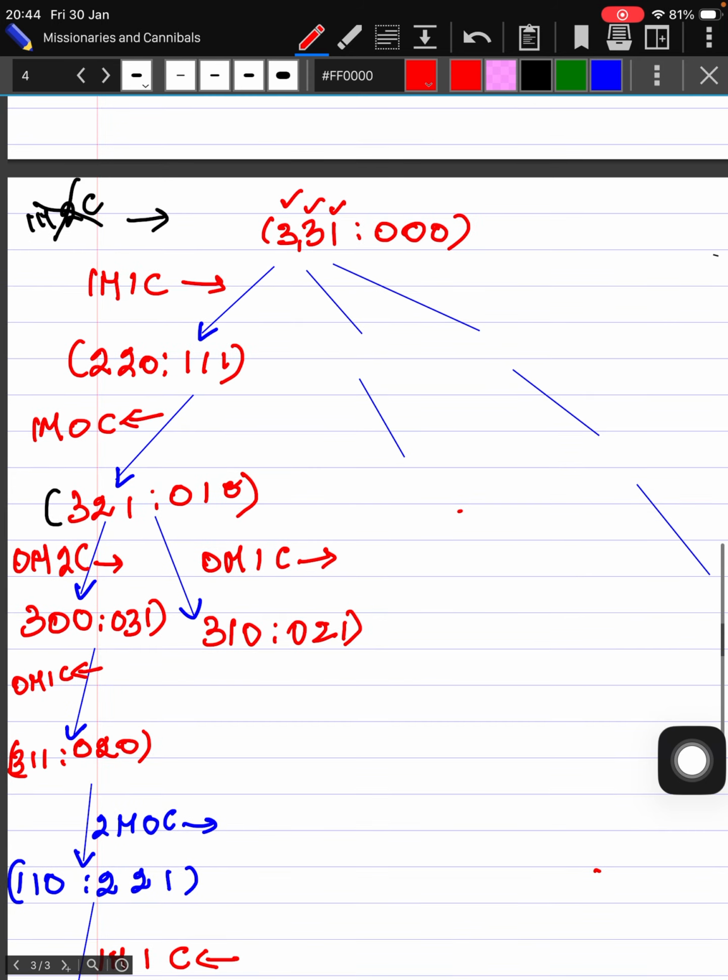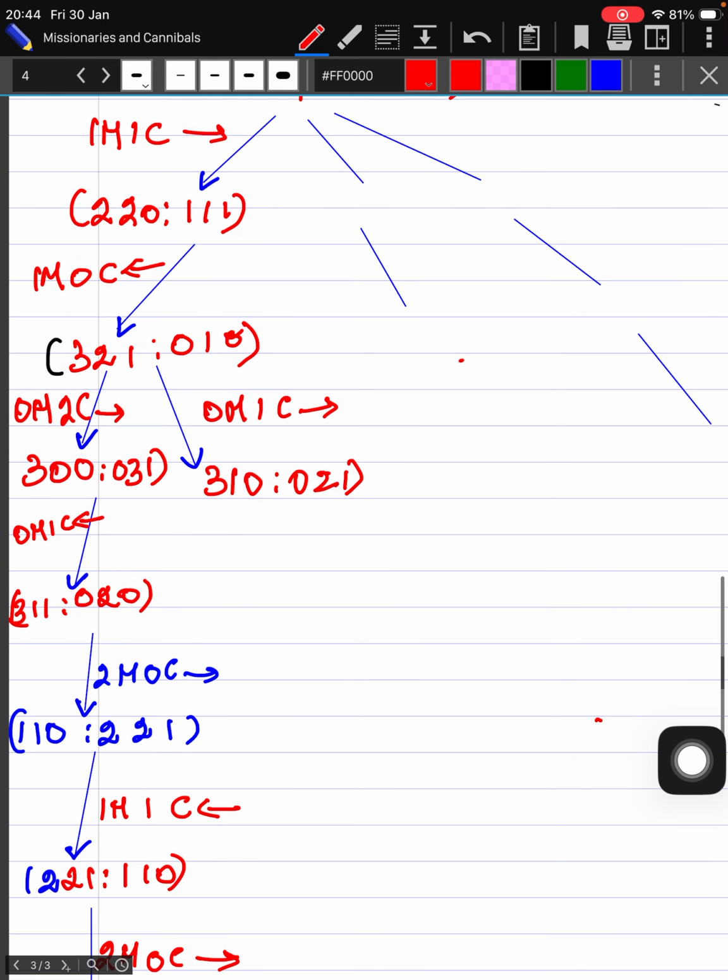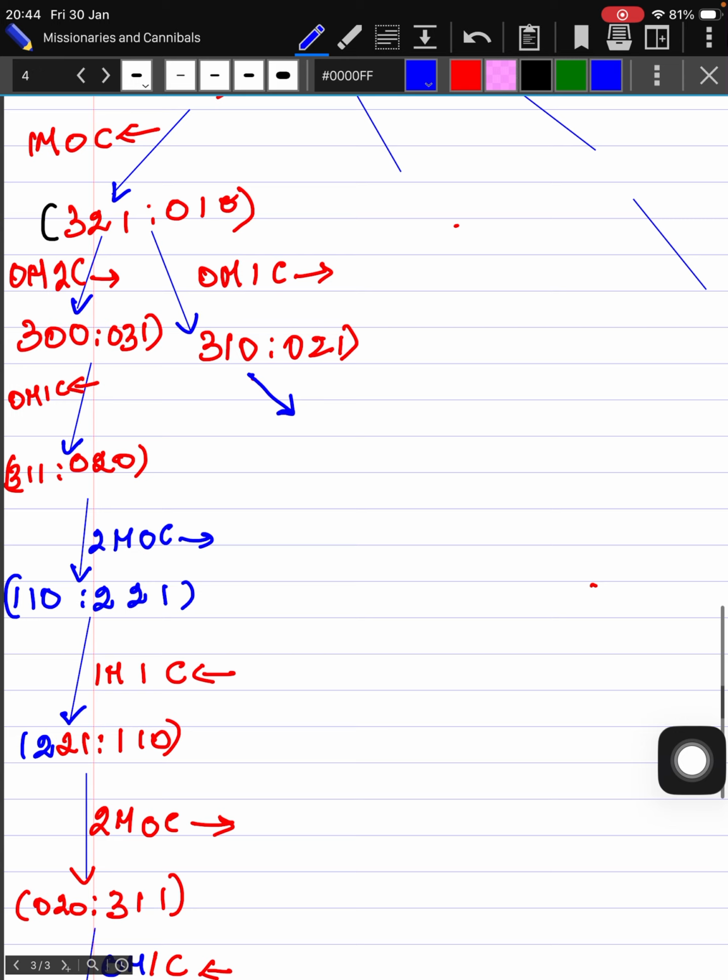In the other paths, I'll take this path here. Okay, in this, I will assume I'm taking 0 missionary, 2 cannibal from right to left. What will happen?